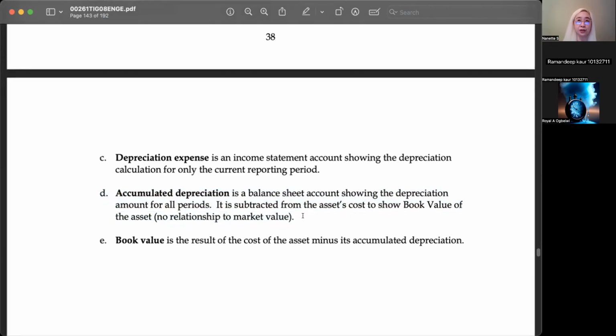So market value is when you sell an item. So let's say you want to sell your vehicle. You want to upgrade to a bigger vehicle. So market value is different from accumulated depreciation. So sometimes it can be higher or lower depending on market value at the moment of sale, right?